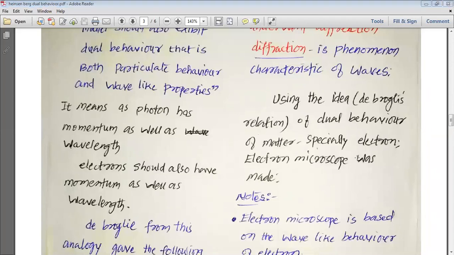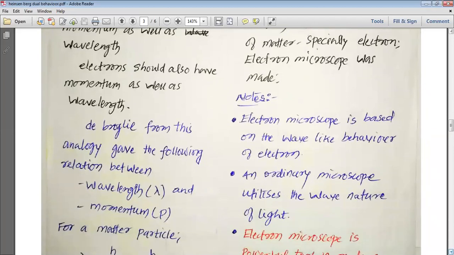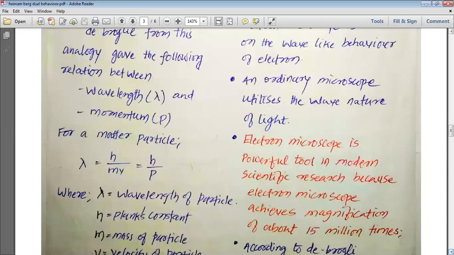It means a photon has a momentum as well as wavelength. Electrons should have momentum as well as wavelength. De Broglie from this analogy gave the following relation between the wavelength and momentum.